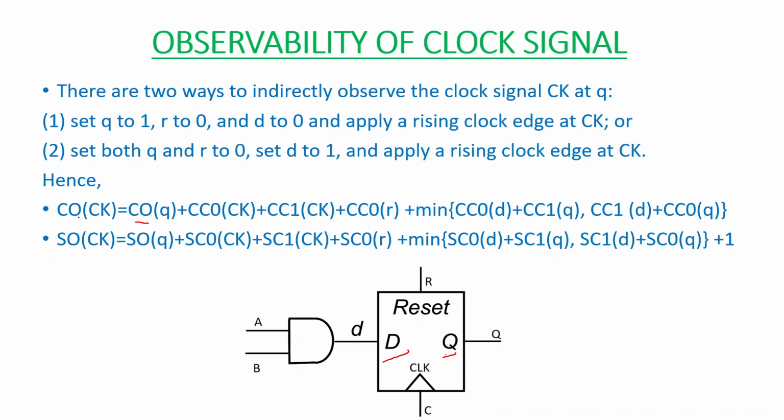For the observability of the clock, we must be able to observe the output Q. We must be able to have a positive clock transition. So these two terms denote a positive clock transition. Then the reset must be 0. Then we can have two conditions: D can be 0 and Q can be 1, or D can be 1 and Q can be 0. Similarly, if we find the sequential observability from here, we will have to add +1 here, because there will be a clock transition from 0 to high.